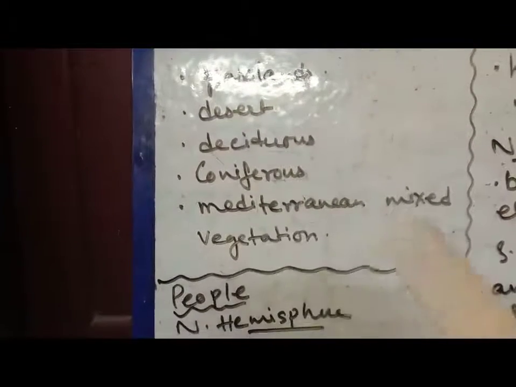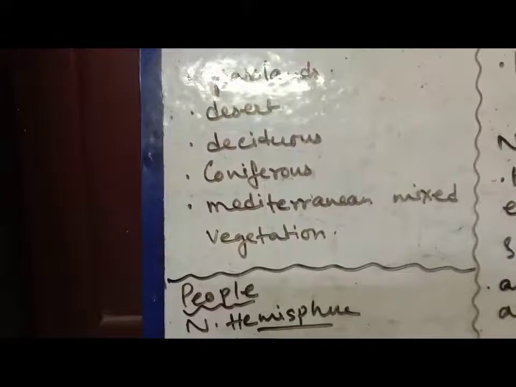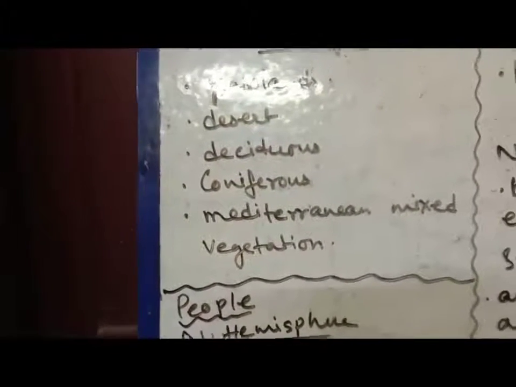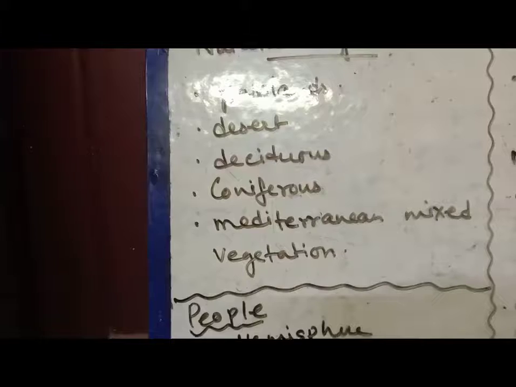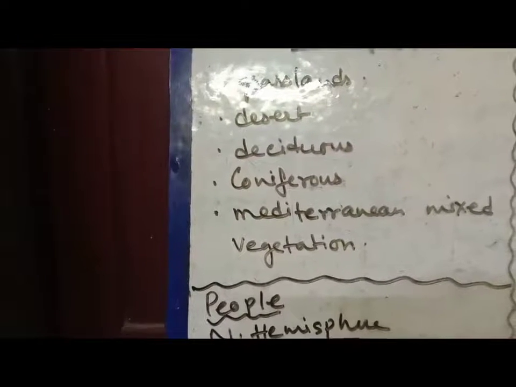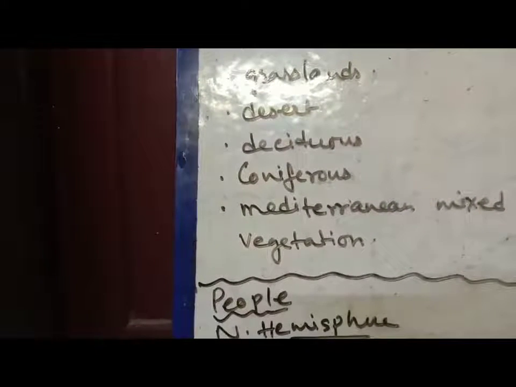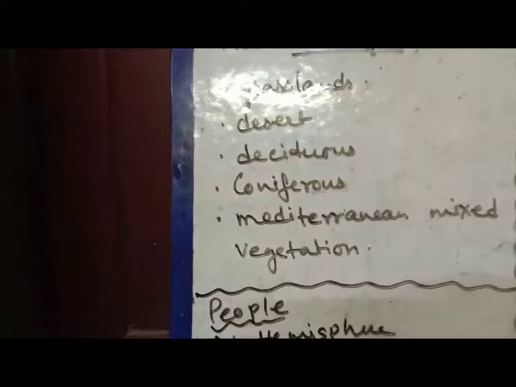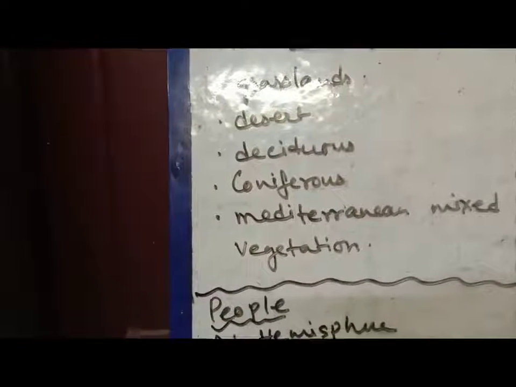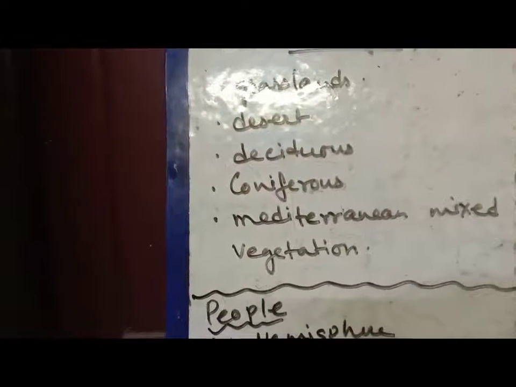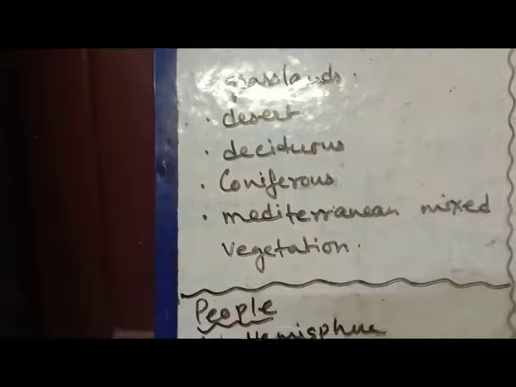Next one, which is very important, is Mediterranean mixed vegetation. Mediterranean mixed vegetation means a Mediterranean climate. The Mediterranean climate is totally different from our climate, our Indian climate. We get rain in the summer, but in the Mediterranean climate they get rain in the winter.